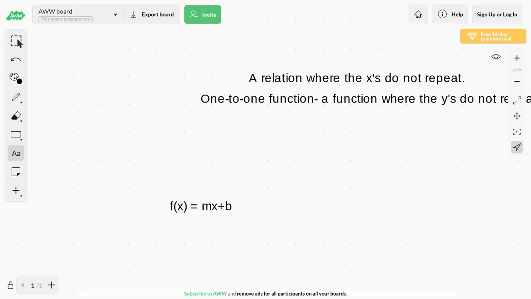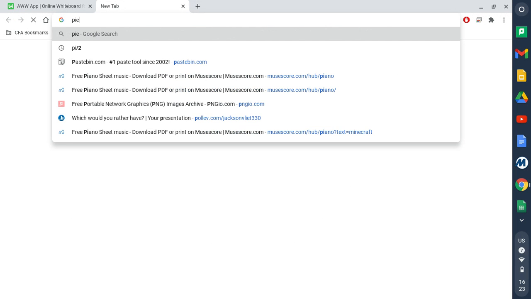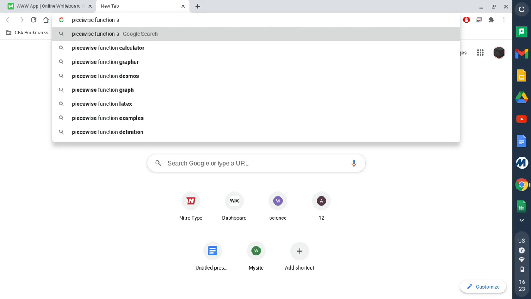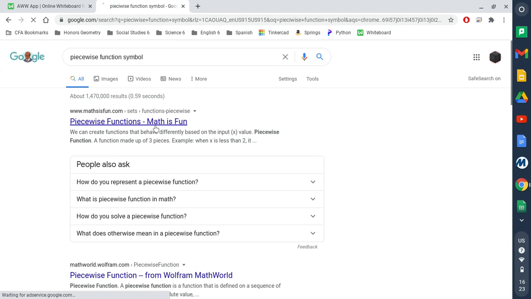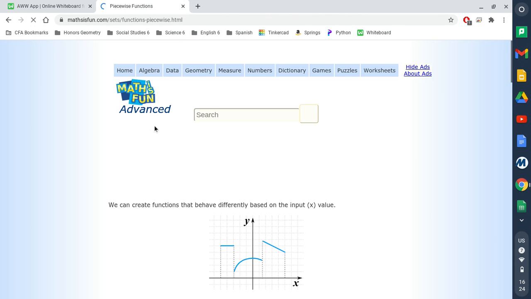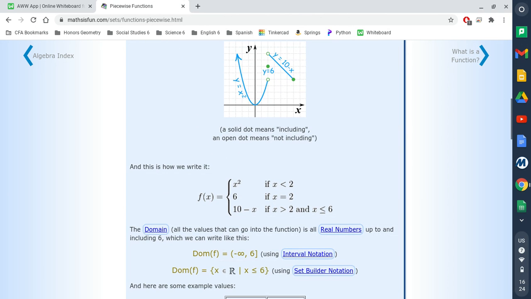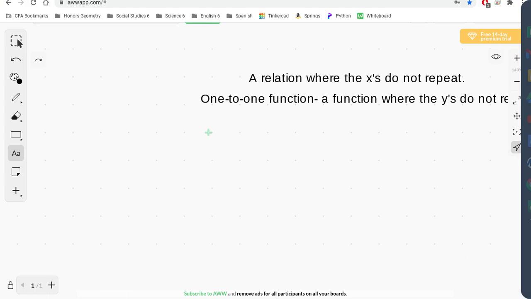Oh my god, I don't know. You see the piecewise function symbol. Okay, let's see. I need the symbol. Yes, this thing. Okay, we're just going to use the other thing.